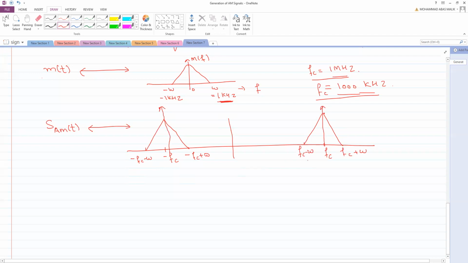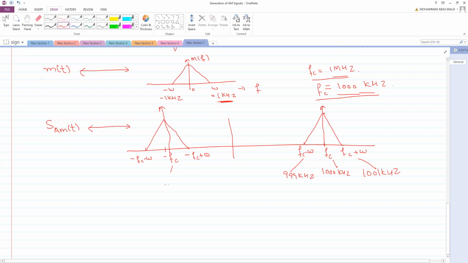And in terms of this value, FC is 1000 kilohertz, right? And this value, after adding 1000 plus 1 kilohertz, will be 1001 kilohertz. This is the FC value, and this value will be 999 kilohertz.